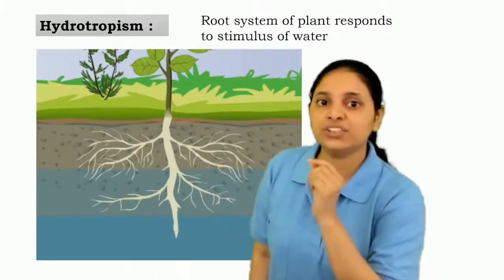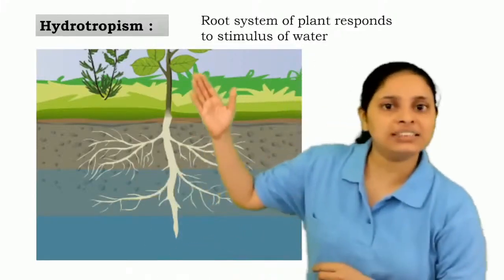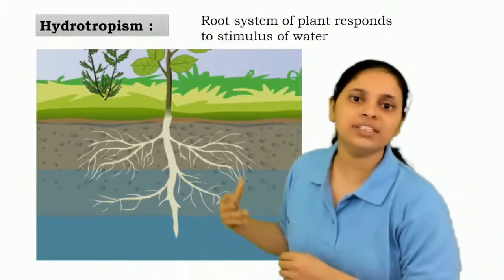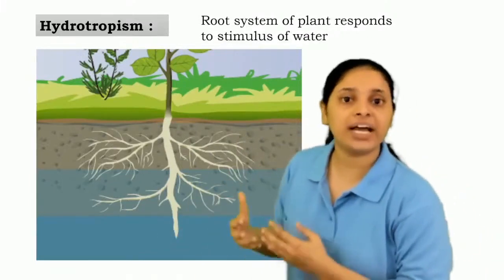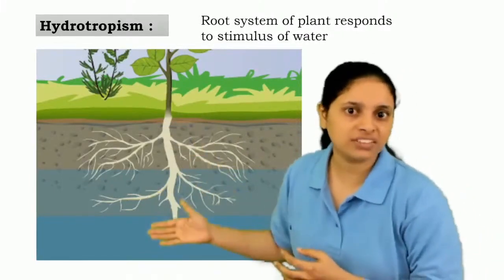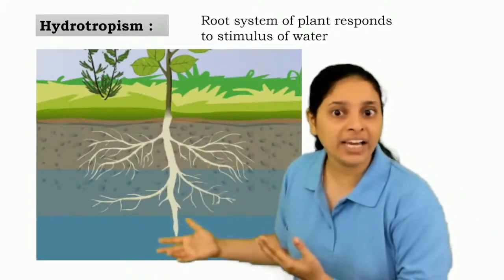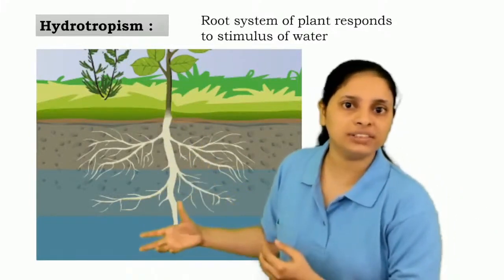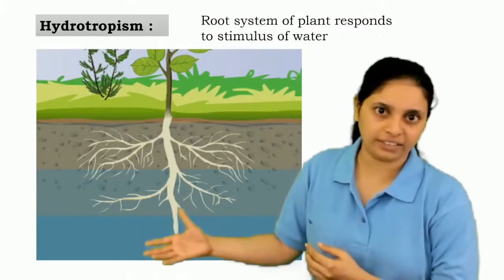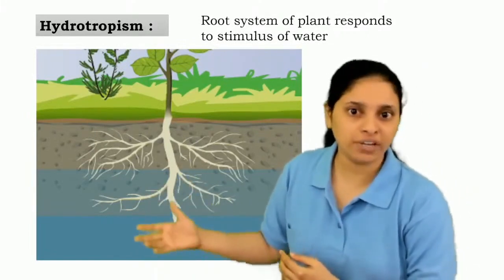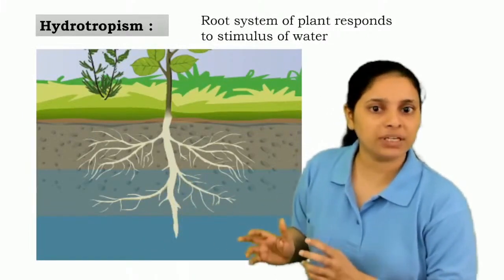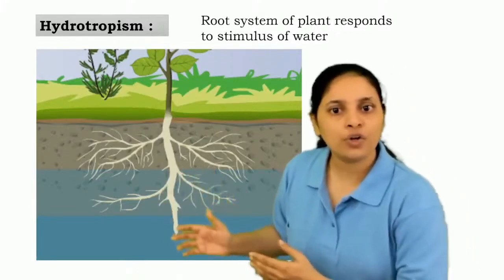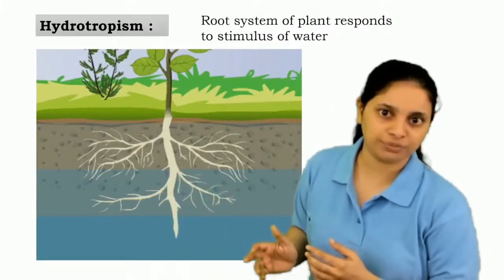Here water is the stimulus and plant parts are responding towards this stimulus in a definite manner. The root system is responding and growing towards the presence of water, stimulus of water. Wherever water is present, the roots will grow in that particular direction.